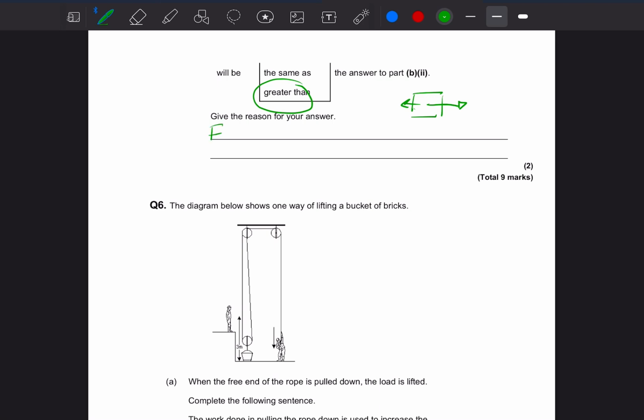So the forwards force must be greater than the backwards force to overcome the water resistance. Okay, that is the end of that question.